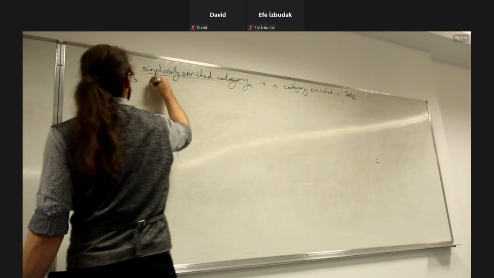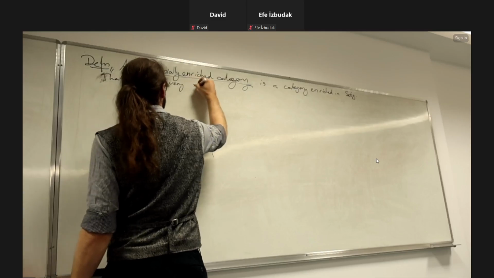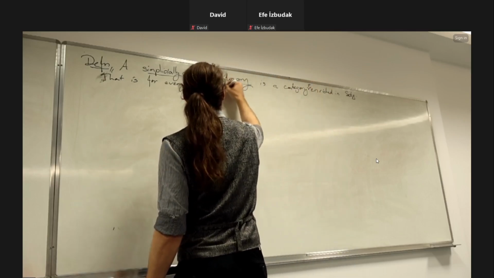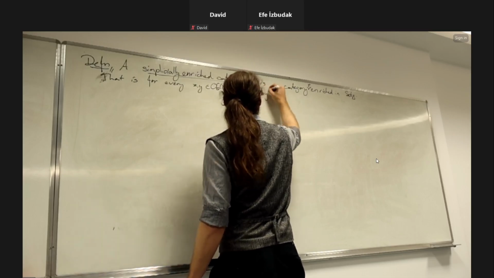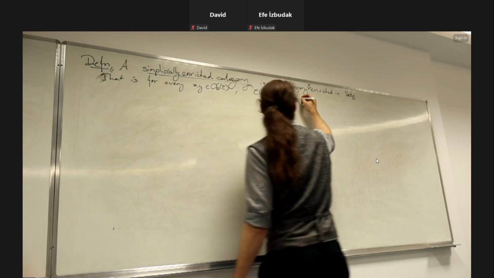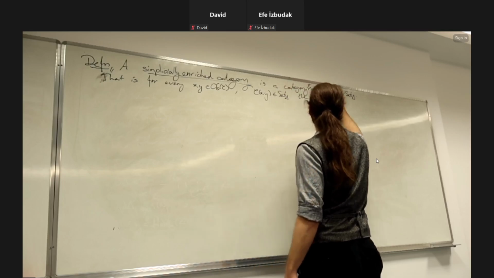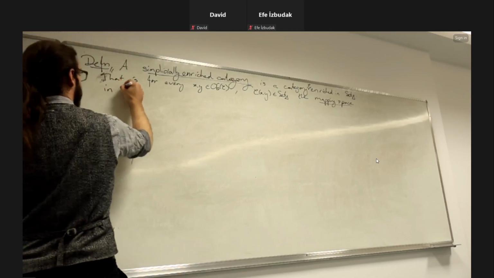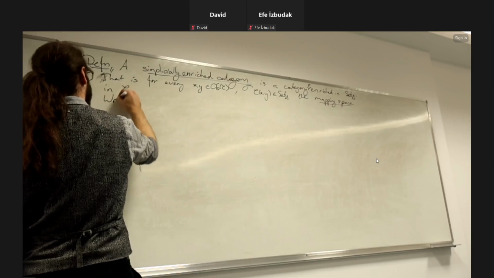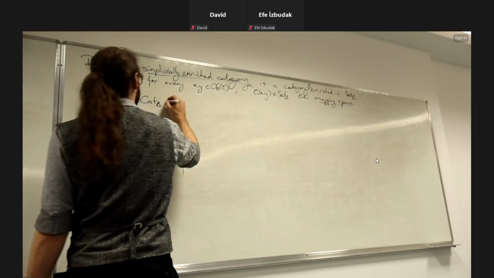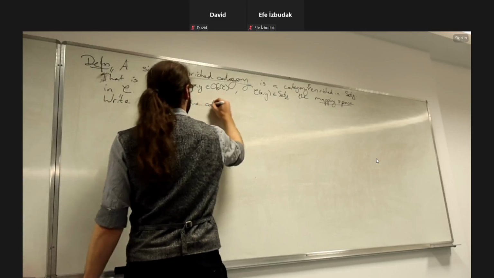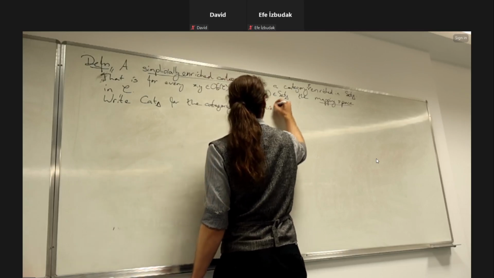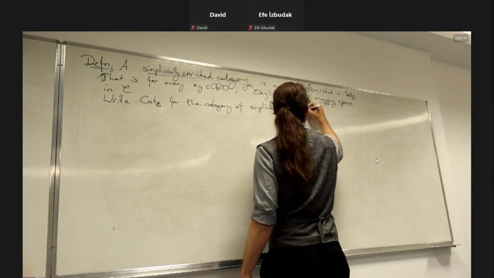That is, for every pair of objects x and y in, let's say, a category C, we get a simplicial set, the mapping space in C. We write Cat_Δ for the category of simplicially enriched categories.